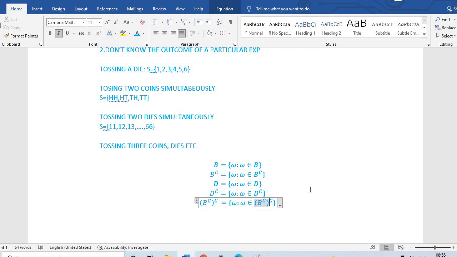So B complement or complement means the set of all omega such that omega belongs to B complement or complement.